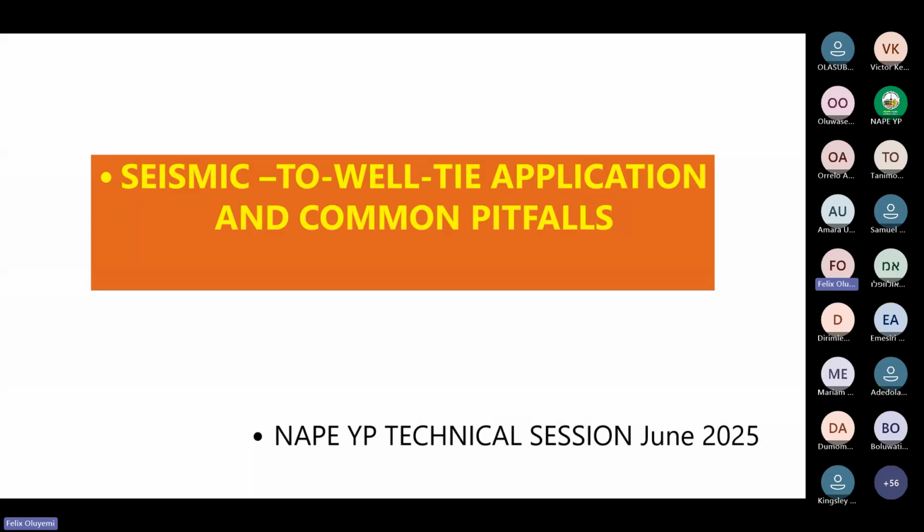It links to a lot of things which we might not be able to discuss today. Not just structural interpretation, not just getting your depth map, it equally affects your GRV. I will try to explain that towards the end of this presentation. Again, it's a fractional part of what we call AVO, seismic inversion, and so on.